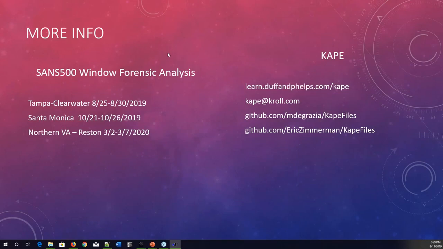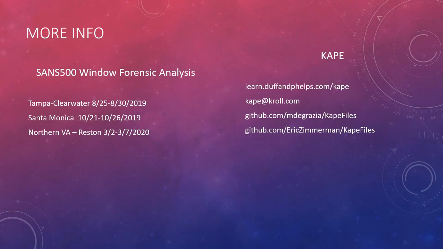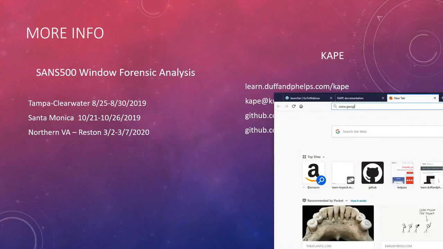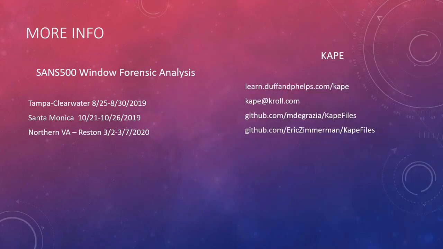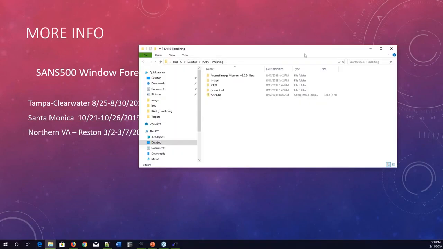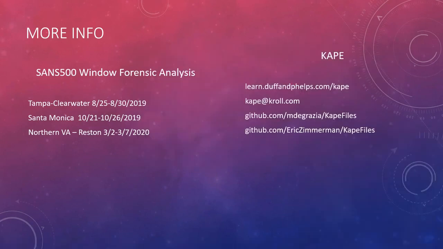Does Kabe support .etl files? ETL files. Off the top of my head, I'm not sure. Are those the transaction log files? Maybe if that person can give me a little bit more information on the ETL files. Kabe in and of itself doesn't support that. It's the modules that support it.